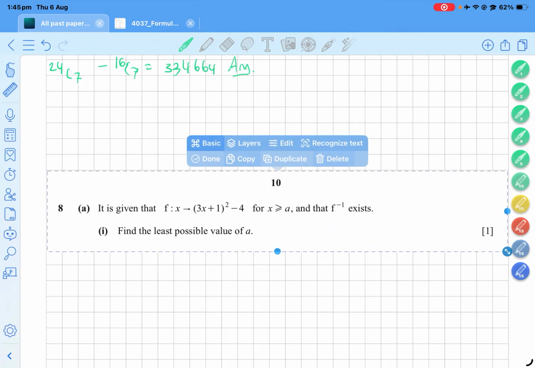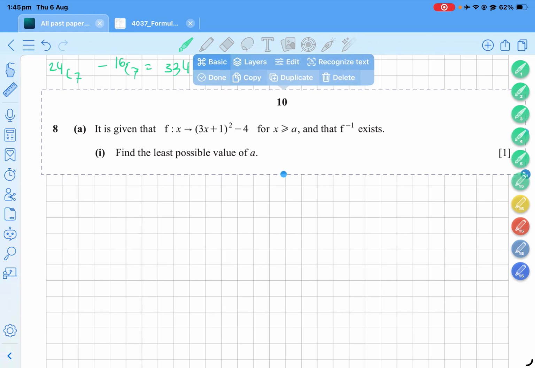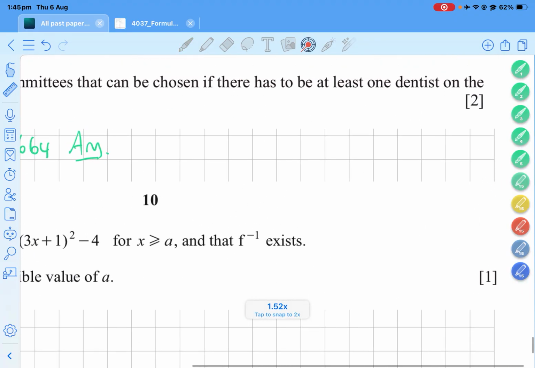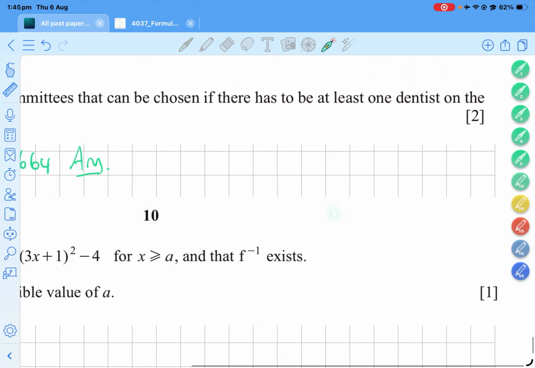Then 8 part A. It is given that x is greater than or equal to a and that f inverse of x exists. If we consider a rough sketch of this graph, it will be somewhat like this because the x value is positive.